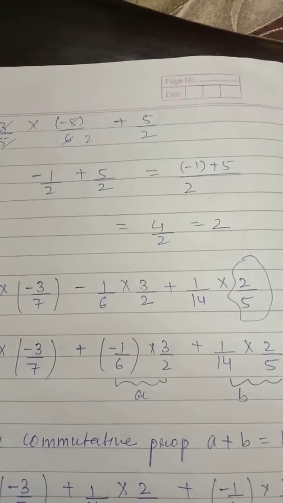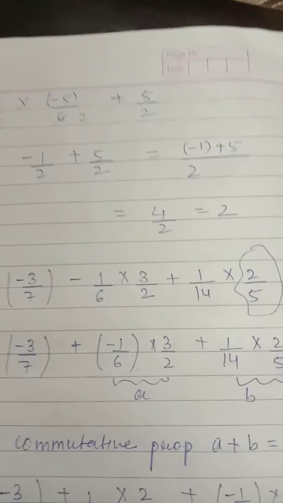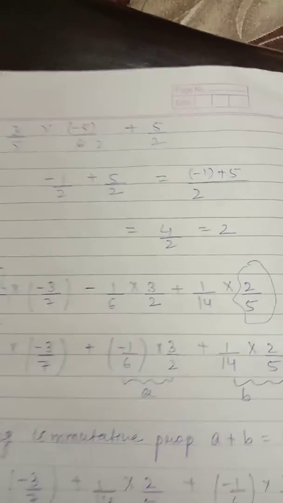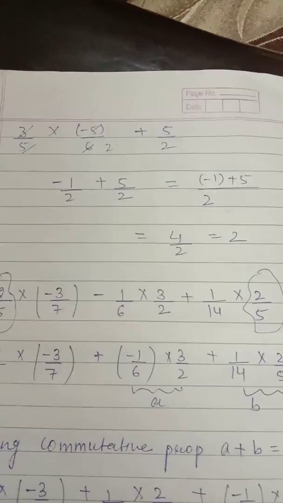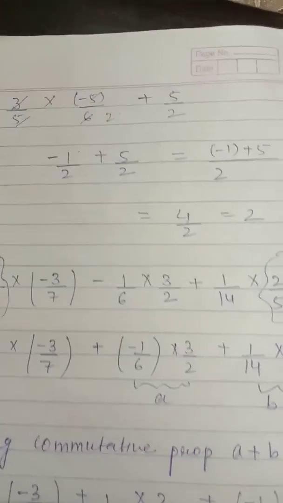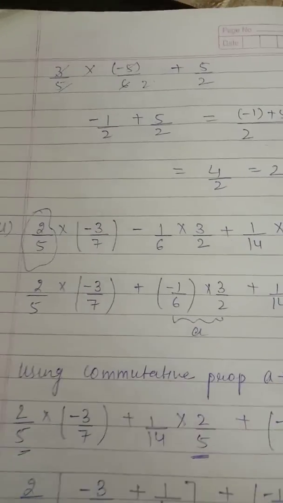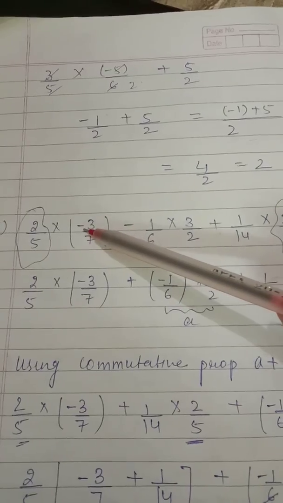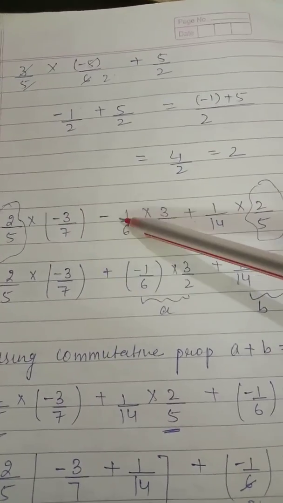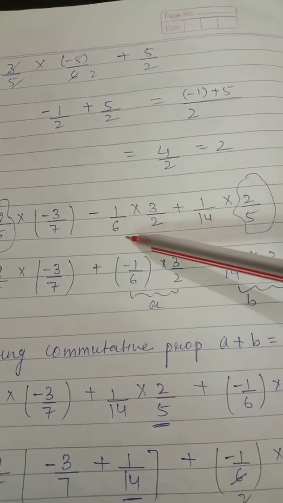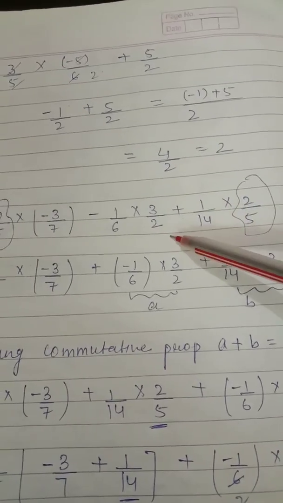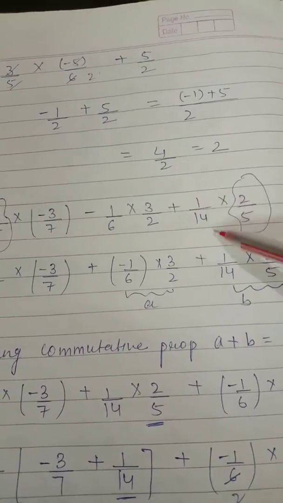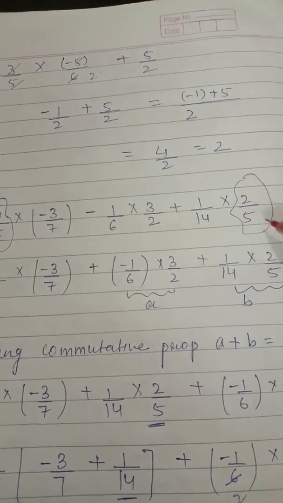Now see the second question. In the second question also we will see what property we can apply. So your question says 2 by 5 into -3 by 7 minus 1 by 6 into 3 by 2 plus 1 by 14 into 2 by 5.